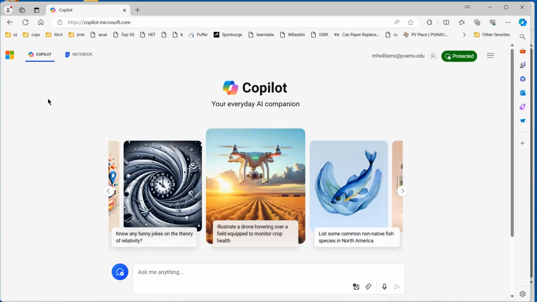Here's Copilot. I got it open. I'm logged into my own account. For this data, calculate the population variance and population standard deviation.